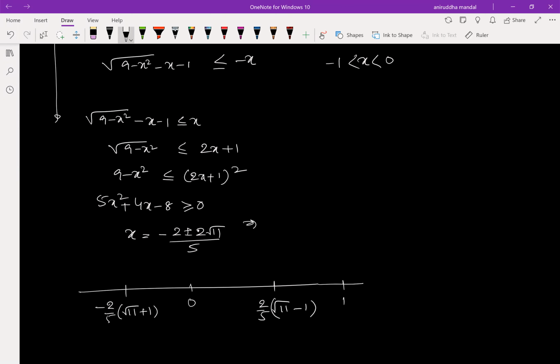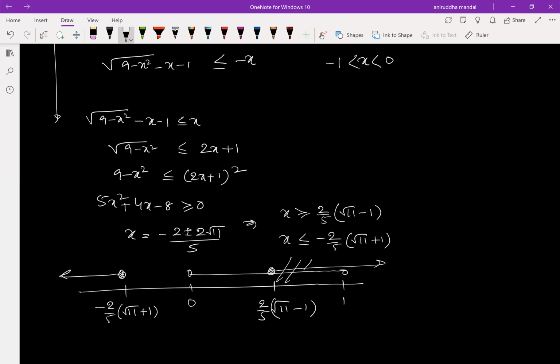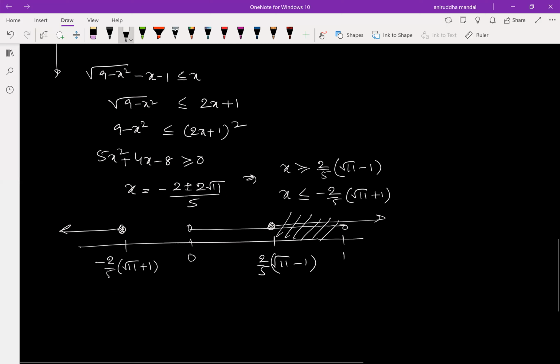So x is greater than 2 by 5 root 11 minus 1, and x is less or equal to minus 2 by 5 root 11 plus 1. This expression is going to that side, this expression is going to this side, and our initial condition is in between 0 and 1. So from this we get a solution as 2 by 5 root 11 minus 1 to 1.